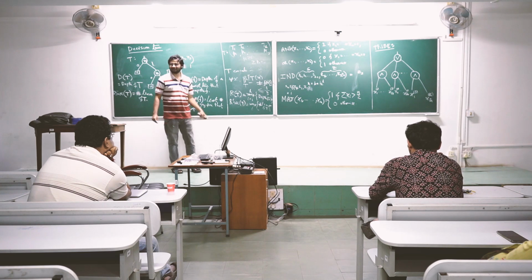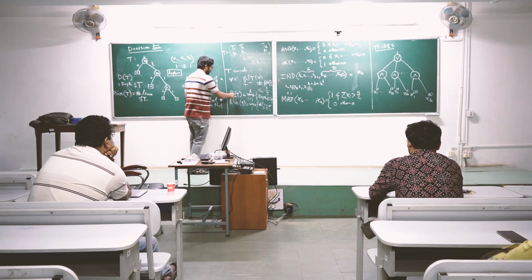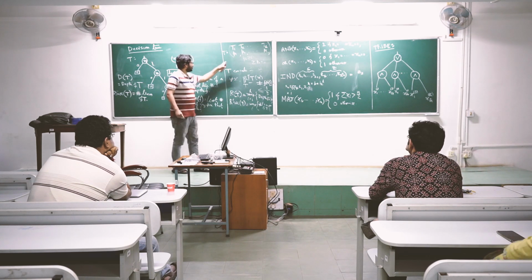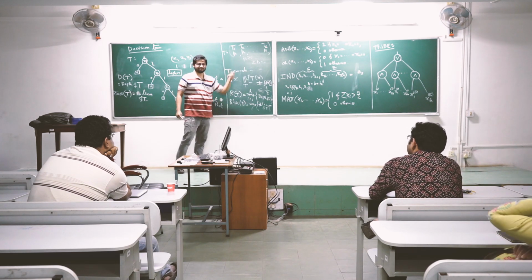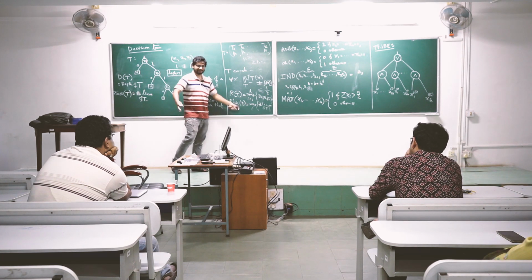There can be an infinity of probability distributions over T. R of F is over all collections of sets of trees, as well as all probability distributions over deterministic trees.